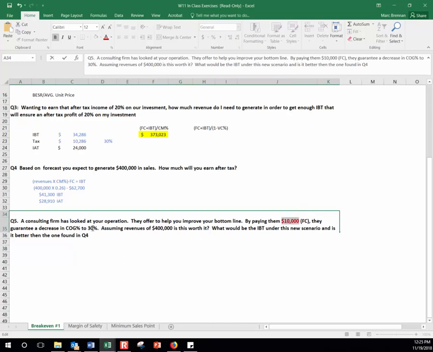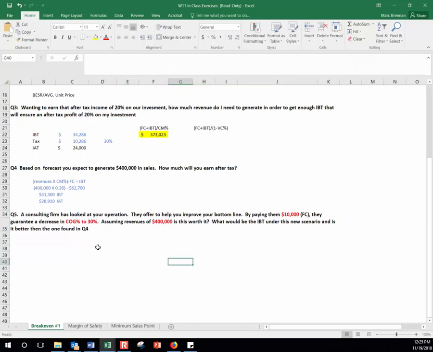They guarantee a decrease in cost of goods of 30%. So let's highlight cost of goods. And assuming revenues of $400,000, we'll just highlight the key parts here. Is this worth it? What would be the IBT, the operating profit, under the new scenario, and is it better than the one found in question 4?